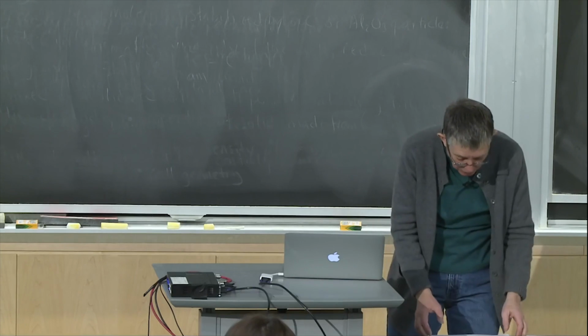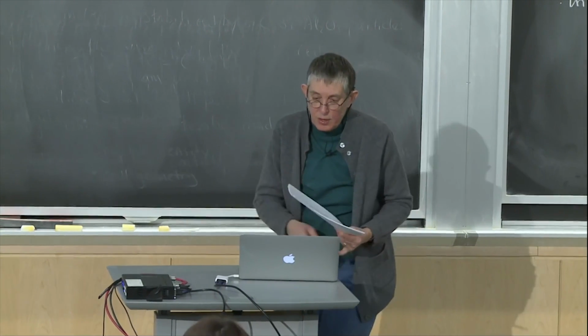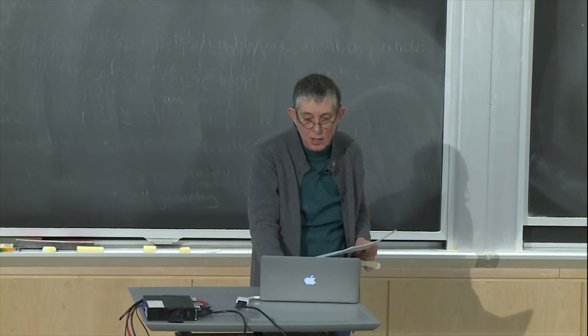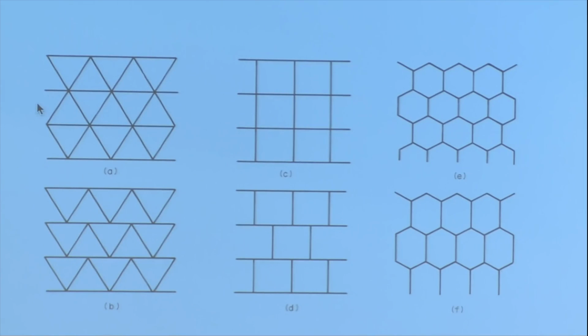So you can have different numbers of edges per vertex. Another thing to note that's interesting, if we look at the honeycomb cells here, this one on the top left, the equilateral triangle one with this stacking, and this one on the top right, the regular hexagonal cells, those two are isotropic for linear elastic behavior, whereas all the other ones are not.